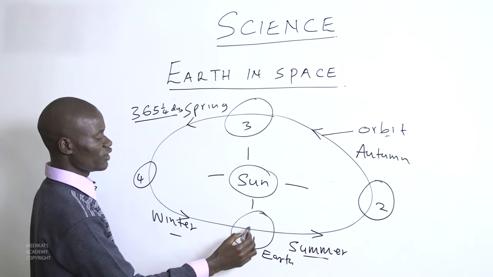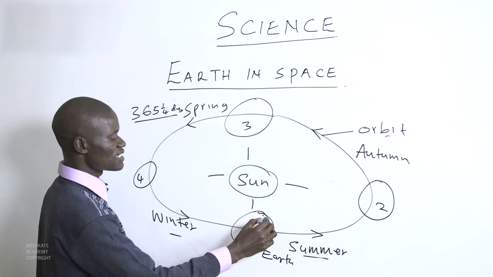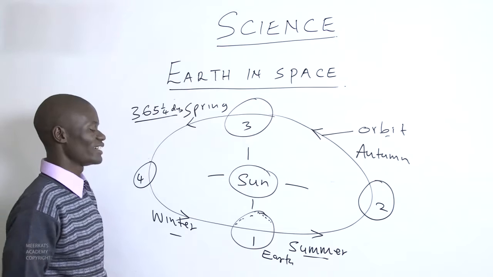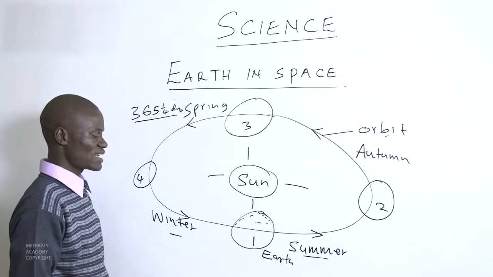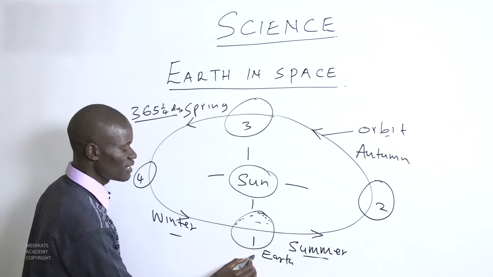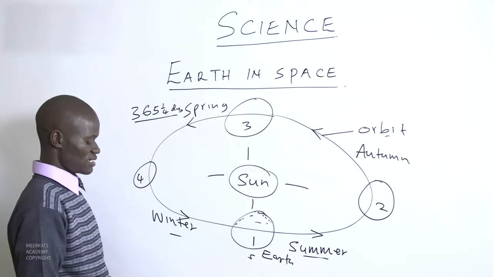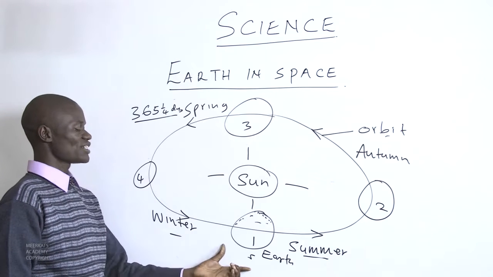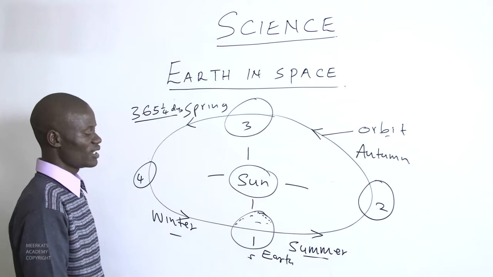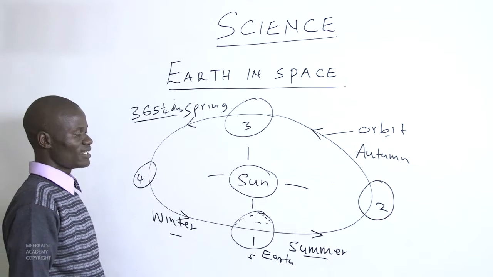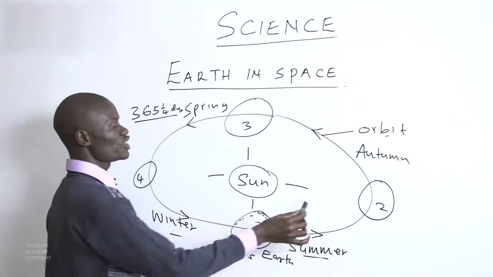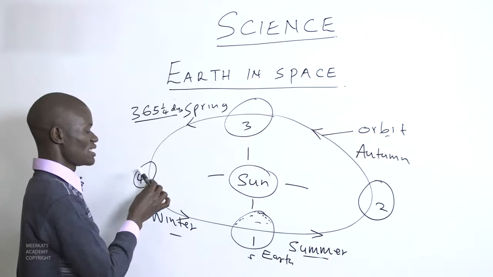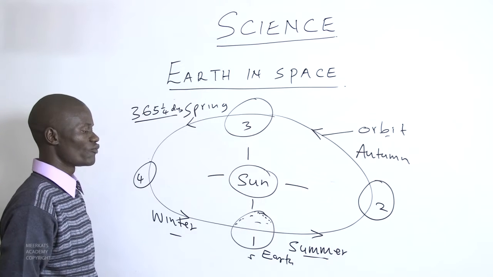You will find that the northern hemisphere is experiencing enough light from the sun, and therefore the southern hemisphere will have little solar radiation. These variations are felt in various seasons as we move.